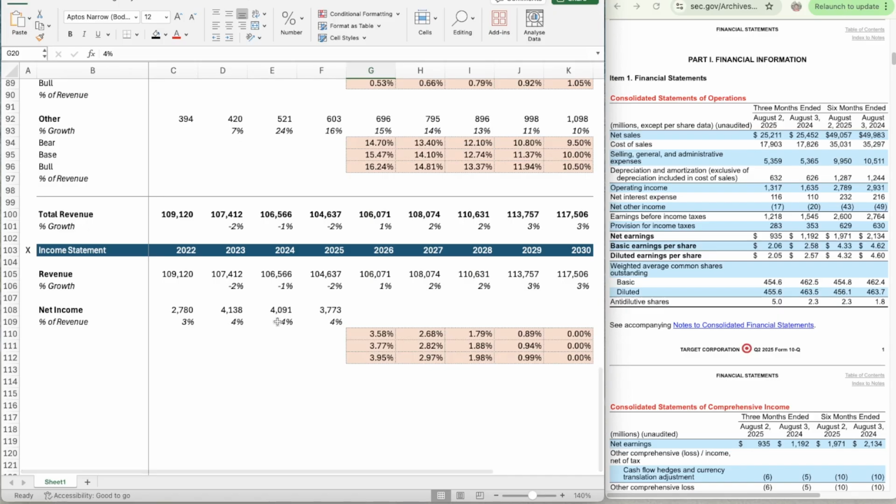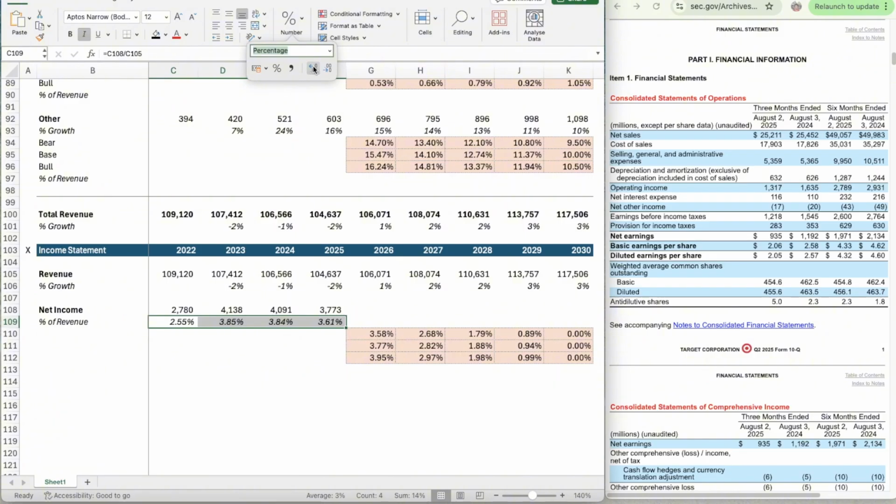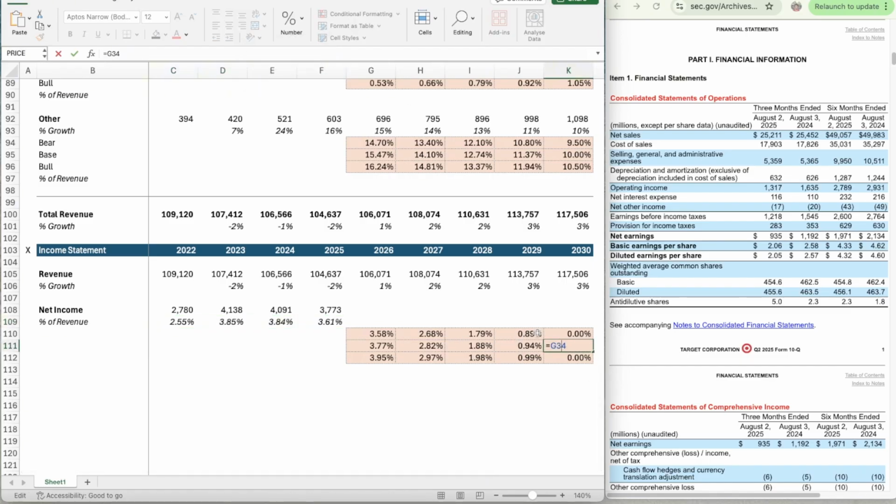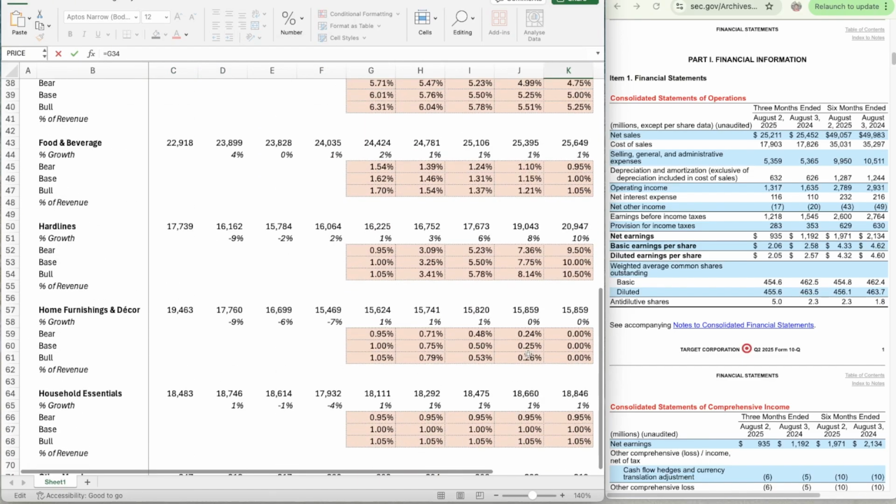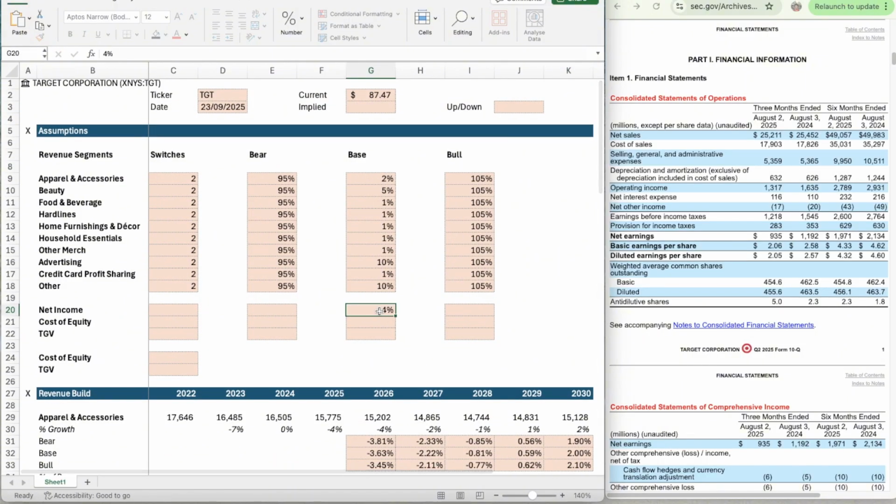Has it hit 4 in the past? Yeah, I mean, is it a proper 4? No, not really. Okay, let's say 3.8. We'll say 3.8%. G20.